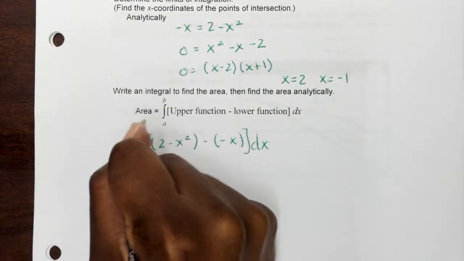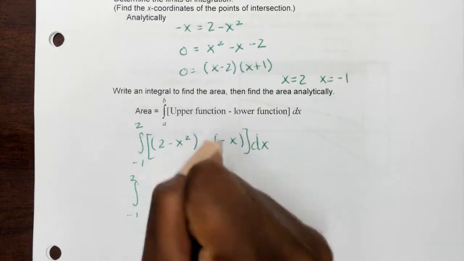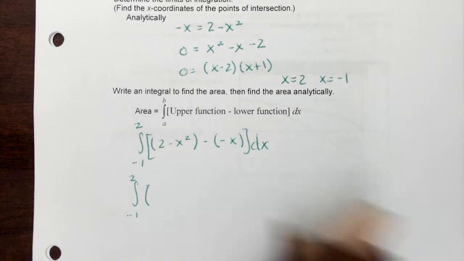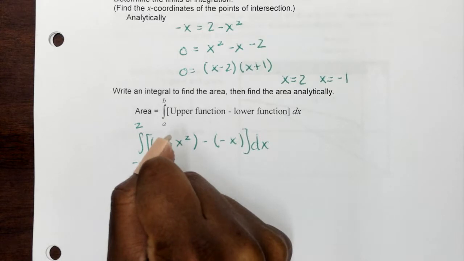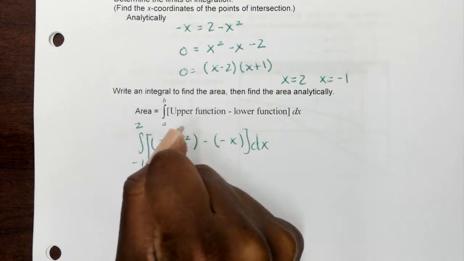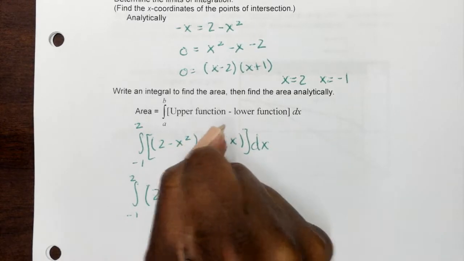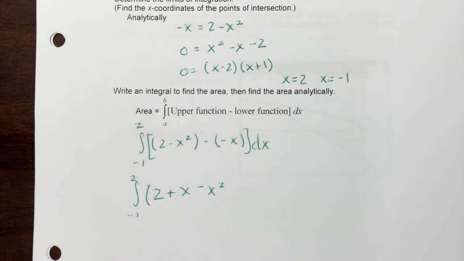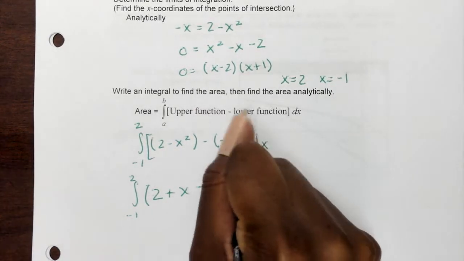Alright, so if I simplify that, I'm integrating from -1 to 2 of 2 plus x minus x squared dx.